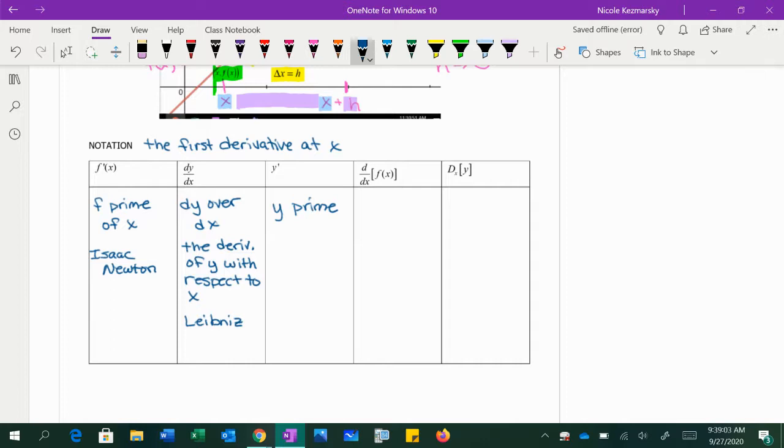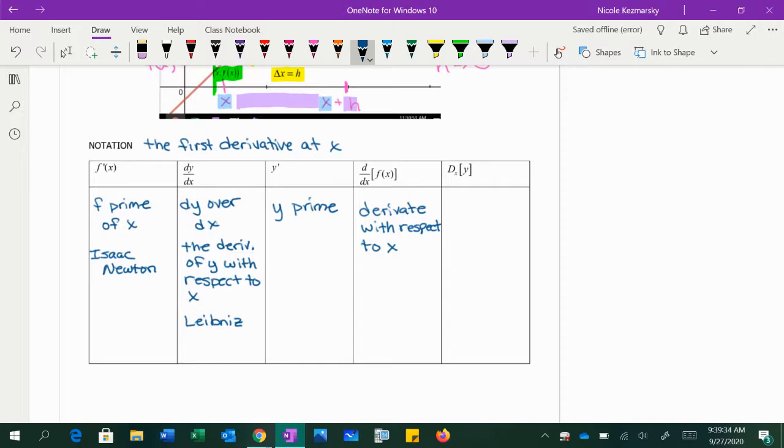So usually dy dx and y prime are interchangeable. Then you'll see the expression version of a derivative. This is what you were seeing in your I Notice, I Wonders last week, and a lot of people were wondering what the D stood for. So d dx, written in front, says the derivative with respect to x.